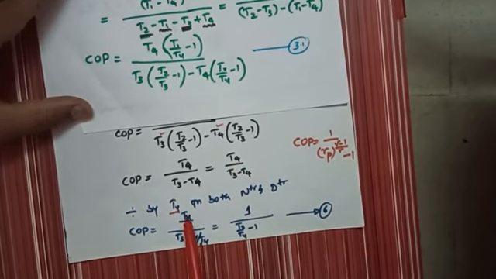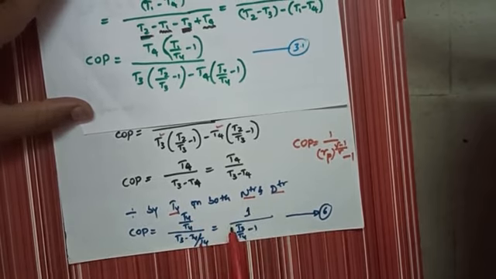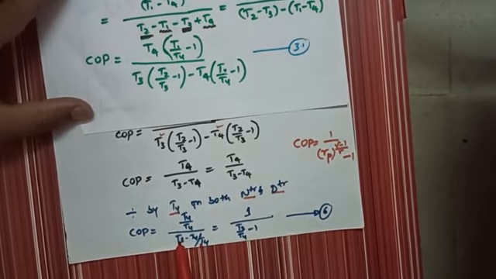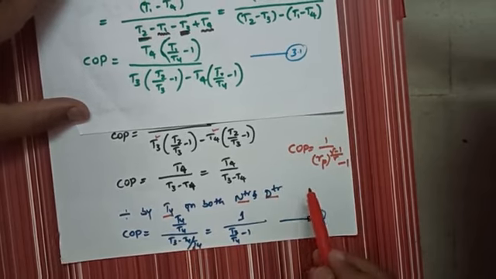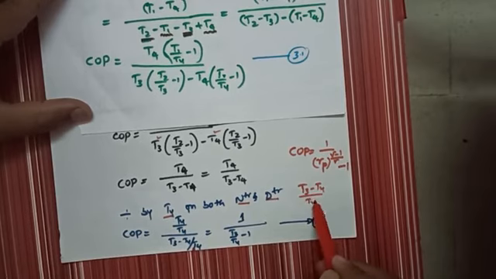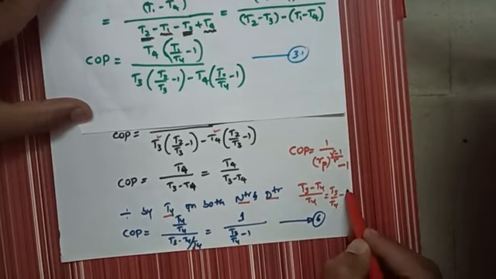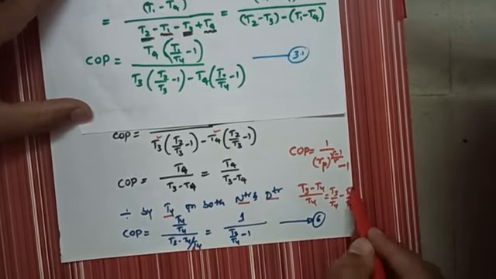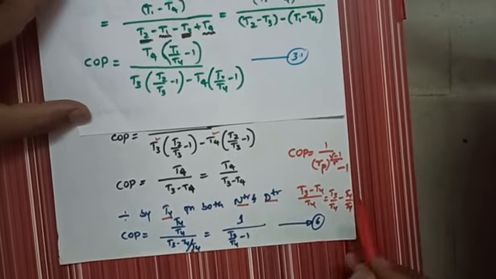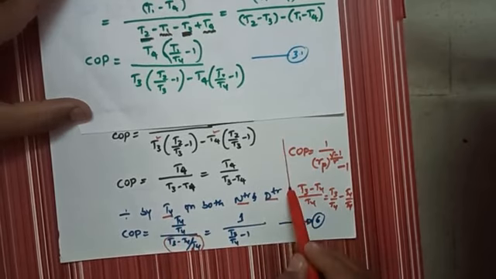T4 gets cancelled, so 1 divided by T3 by T4 minus 1. So this equation will be written as T3 by T4 minus T4 by T4. T4 gets cancelled, so what remains is T3 by T4 minus 1. So this is rough work.